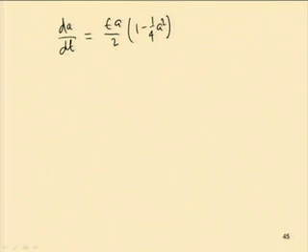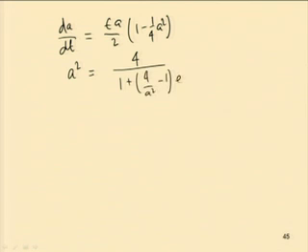Now we can integrate these things. So, by taking this A squared, we can find A squared equal to 4 by 1 plus (4 by A0 squared minus 1) e to the power minus epsilon t. So, this is the expression for A squared we obtain.